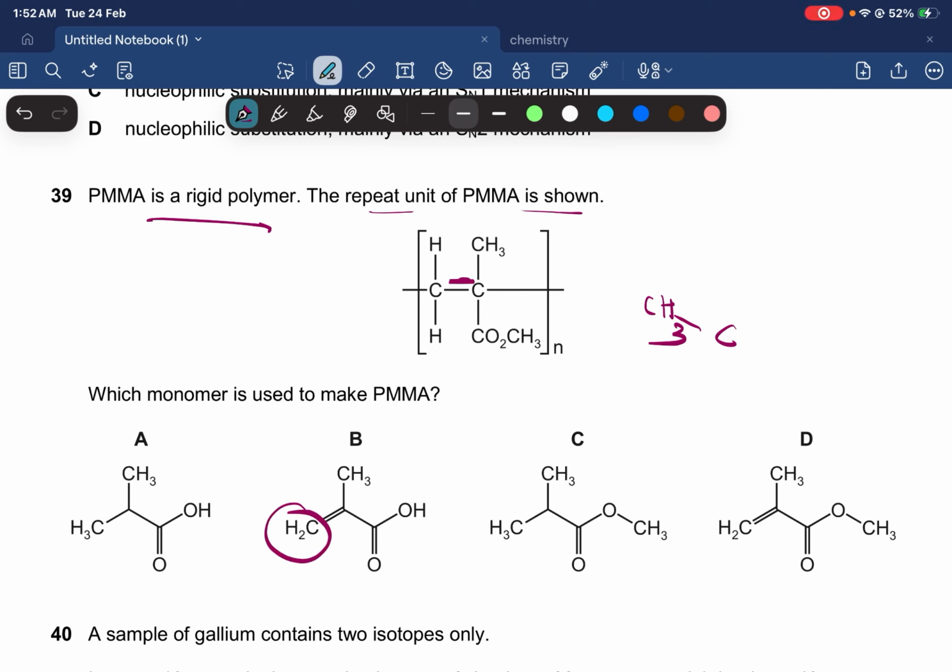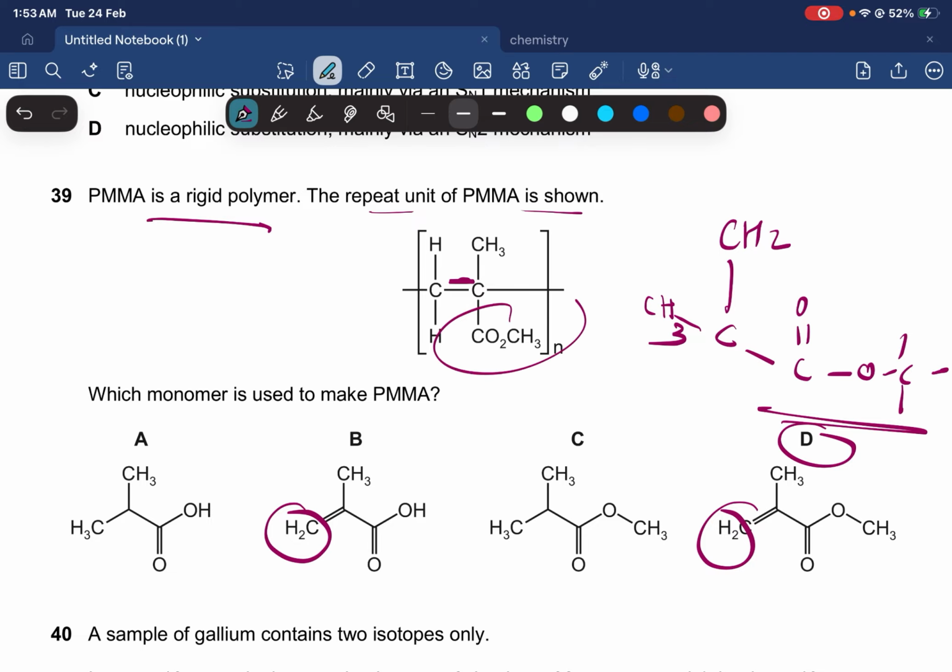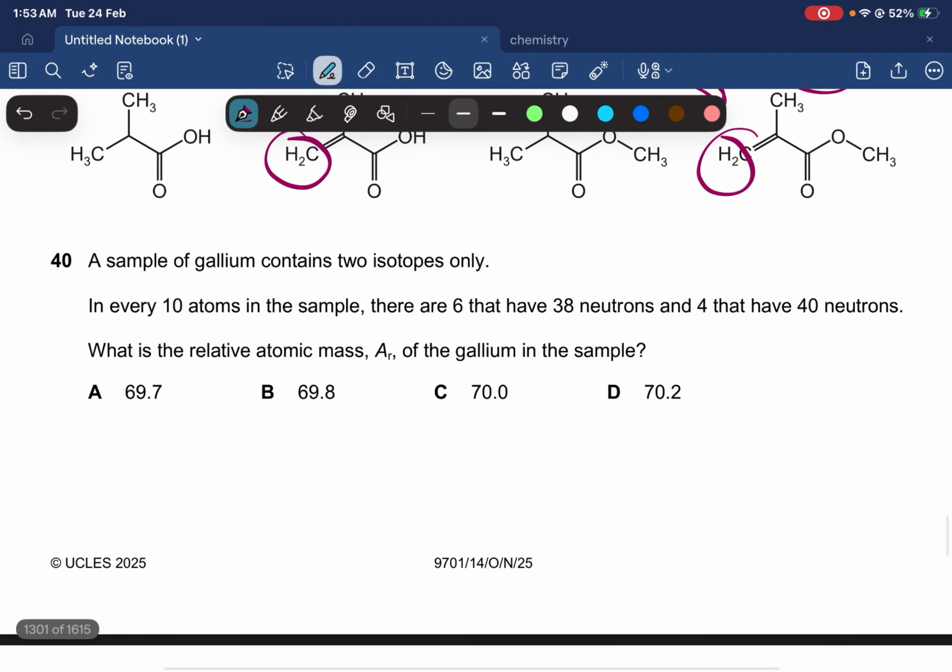I need a CH2 on one side, a C on the other side, and then I need a CH3 on one side, CH2 on one side, and then a C double bond O. D. See it for yourself. You just have to open this thing. It's coming out to be D. Put in the extension bond inside and make a double bond.